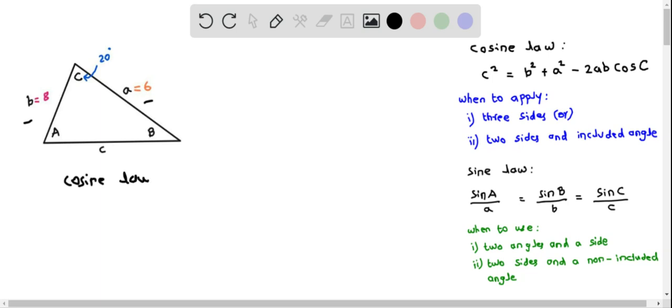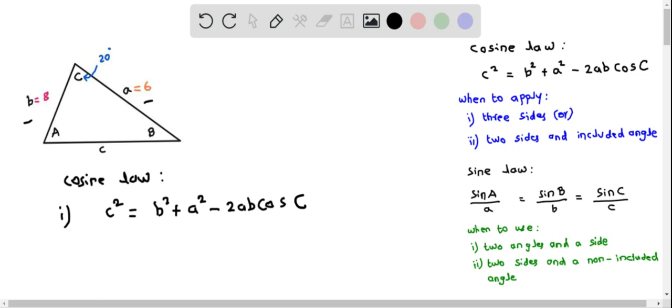to solve this triangle. So I write down this form of the cosine law. We have two more forms, but for this triangle we will utilize this, that is c squared equals b squared plus a squared minus 2ab times cosine of the angle C. I'm going to substitute these values.